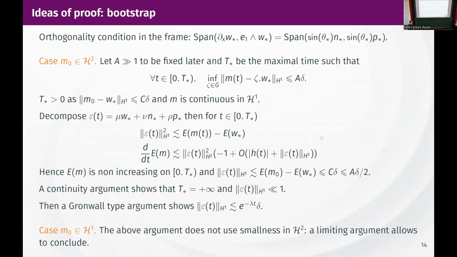And then you run once again the argument here essentially, and you get exponential convergence. So this is the H2 case, and for the H1 case, now you use that the flow is well behaved in H1.